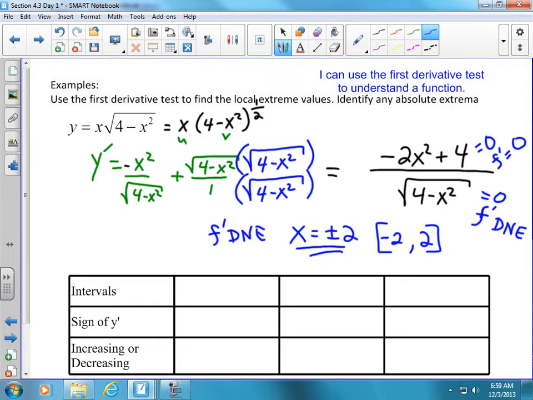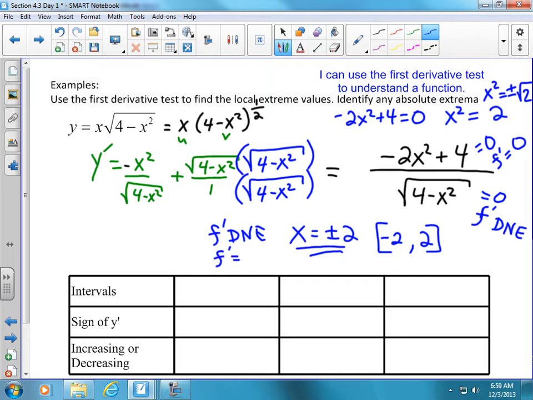If we set the top equal to 0, negative 2x squared plus 4 equals 0. In this case, we subtract 4 from each side, we divide by negative 2, we get x squared equals 2. And if we take the square root of both sides, we get x equals plus or minus square root of 2. So those are our two critical points.